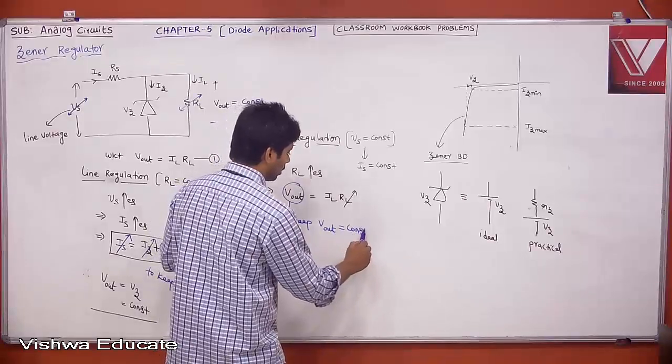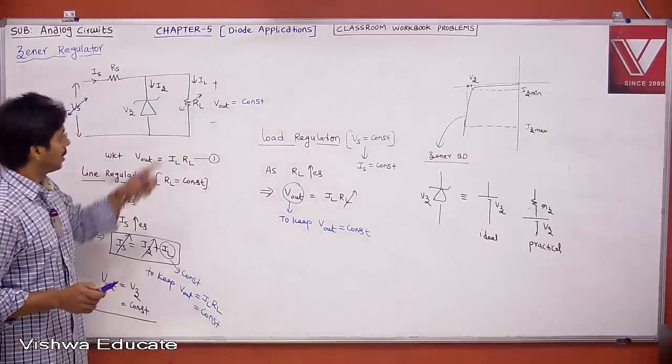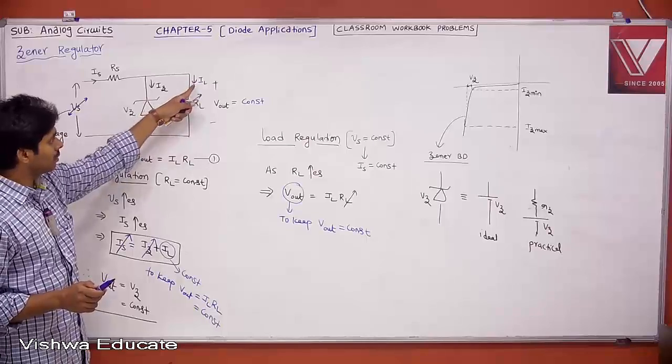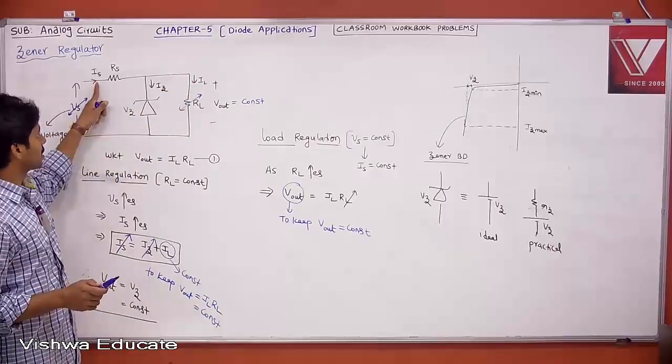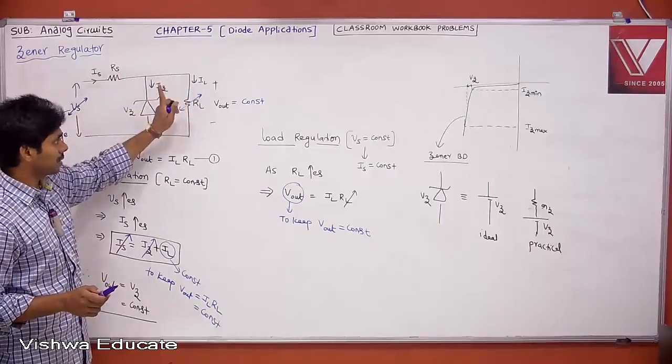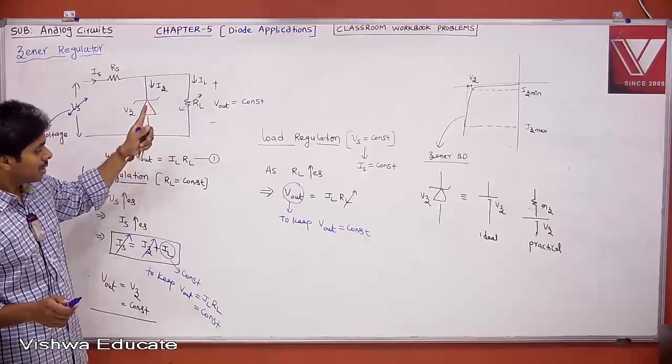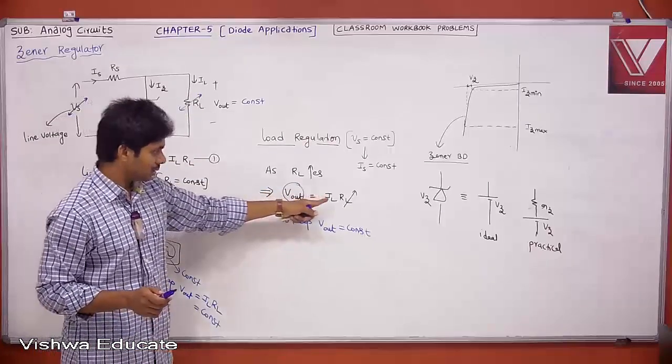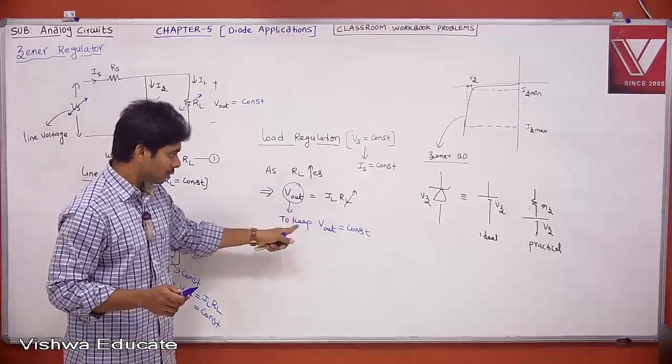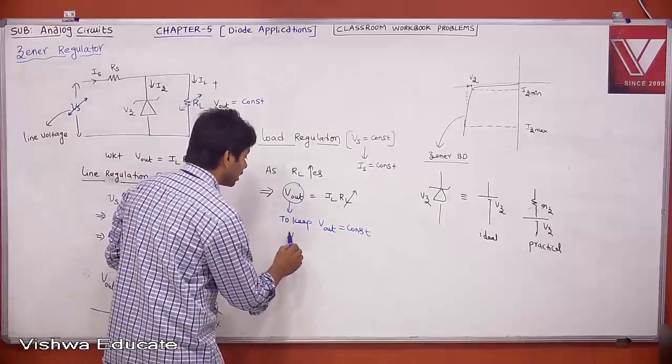To keep Vout constant when RL is increasing, whatever IL is flowing through it, because when Is is constant, Iz is constant, IL is constant. If IL is constant but I am increasing my RL, then your Vout will be increasing if IL is constant. To keep Vout constant, your IL will decrease.